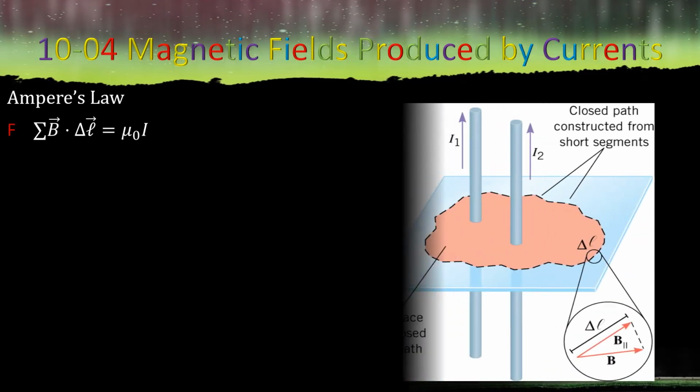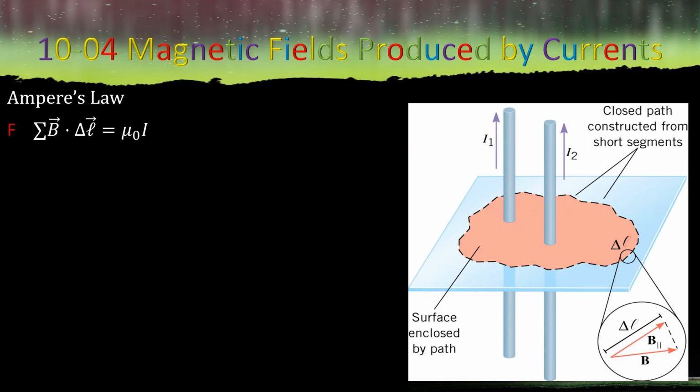Now Ampere's law. Summation of B dot delta L is equal to mu naught I. It's a closed path. These are two conductors carrying currents I1 and I2.